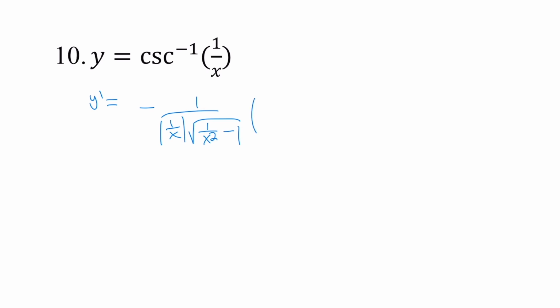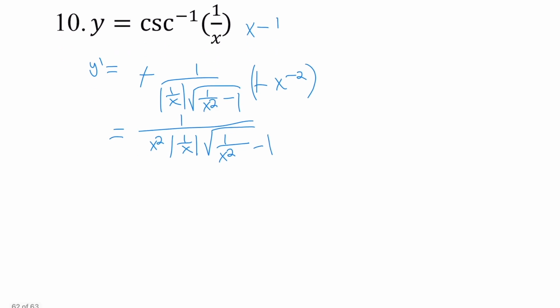And then we're going to say negative, so x to the negative 1 power, so negative x to the negative 2. Okay, so that means the negatives cancel out. So x squared times 1 over x times 1 over x squared minus 1 all over 1, right?